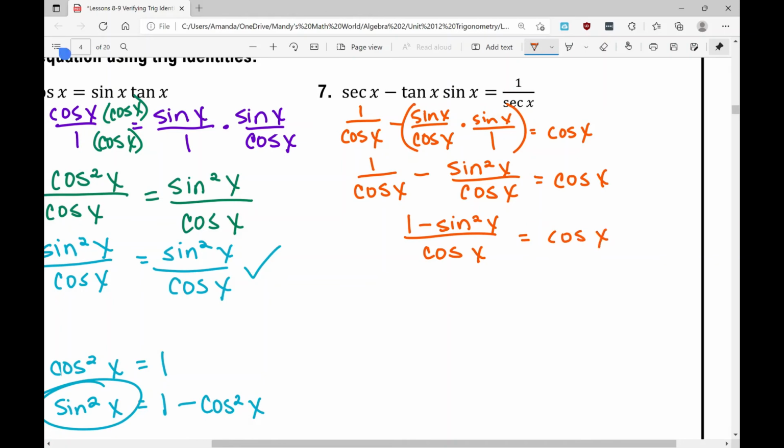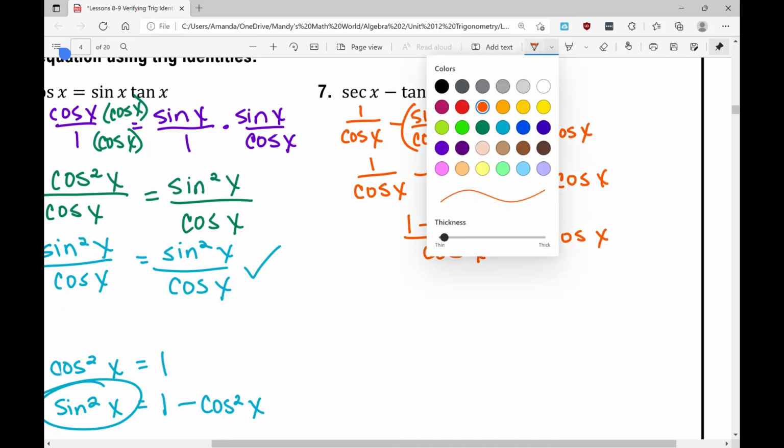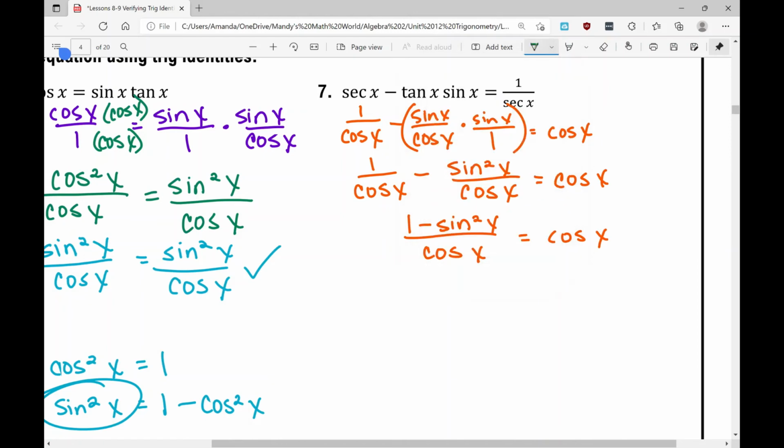Okay, let's see. What are we going to do here? Now, let's look at this: 1 minus sine squared x. Could that be a Pythagorean identity? Well, let's look at our Pythagorean identity that we know. We know sine squared x plus cosine squared x equals 1. Could I subtract sine squared x from both sides and get 1 minus sine squared x?